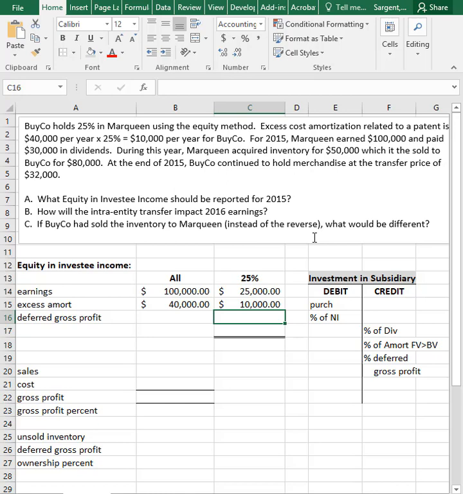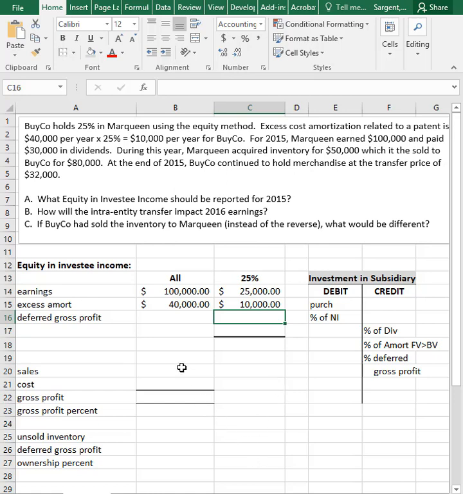That's GAAP. So we have to calculate the gross profit that is captured on the balance sheet and hasn't been resold yet. So that's the amount of gross profit that is sitting in ending inventory, and we have to remove that and defer it until that inventory is sold in the following year.